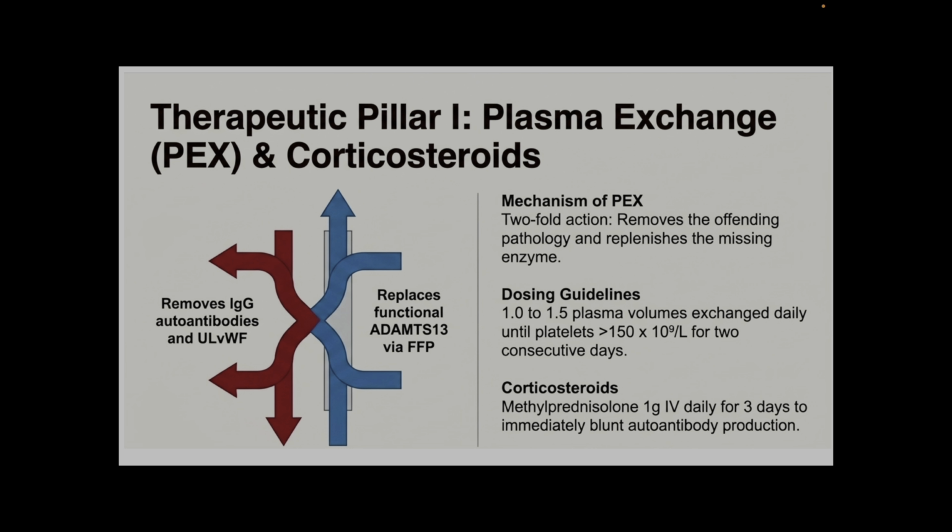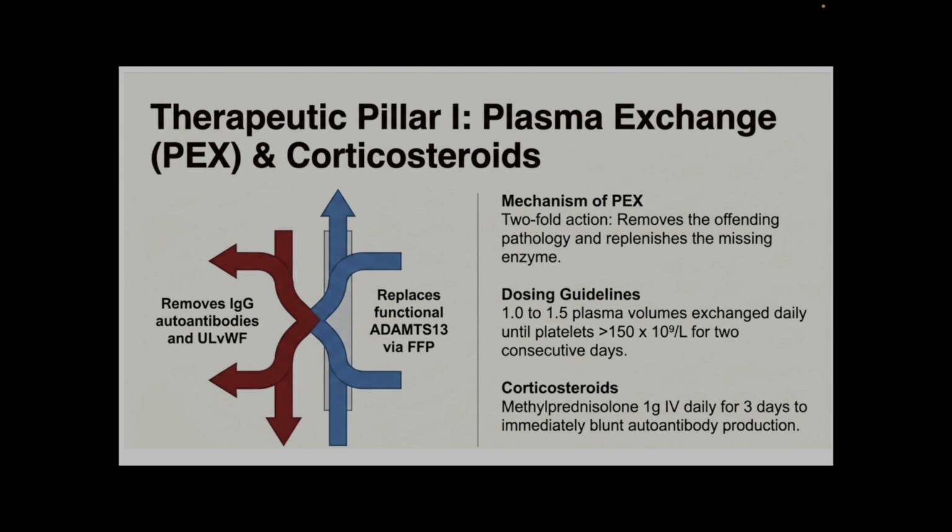Therapeutic pillar 1. So this is about plasma exchange and corticosteroids. The first therapeutic pillar shown here is plasma exchange together with corticosteroids. Plasma exchange has two important functions. First, it removes circulating pathogenic factors including autoantibodies. Second, it replaces functional ADAMTS13 through plasma.